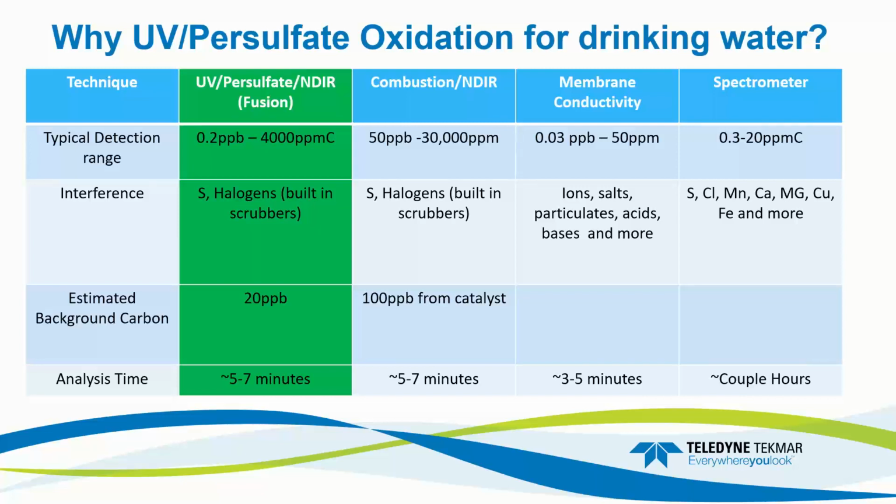If you're doing drinking water and trying to get the utmost sensitivity, measuring down to the lowest ppb level you can, you want to choose the right technique, and combustion may not be the right one. That leaves us with UV persulfate. UV persulfate has very little estimated background carbon, so it's a cleaner background compared to a combustion system.